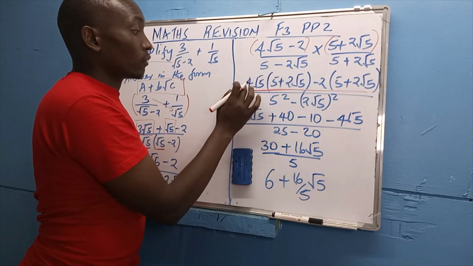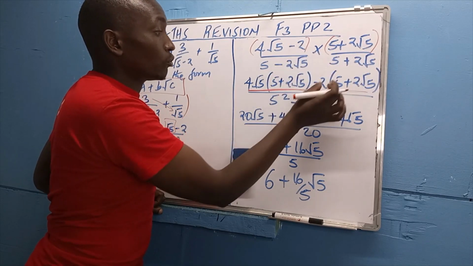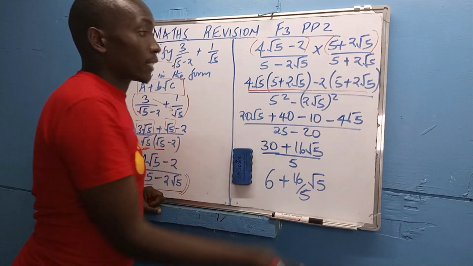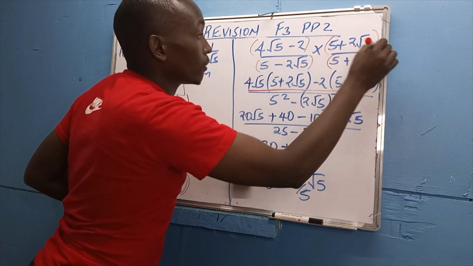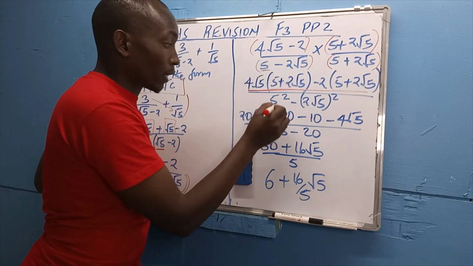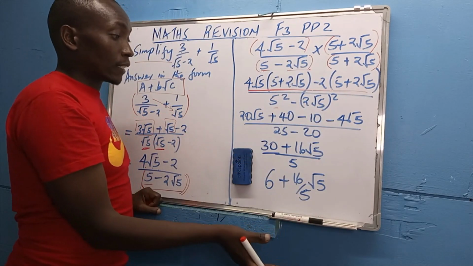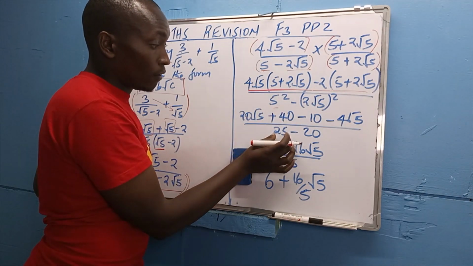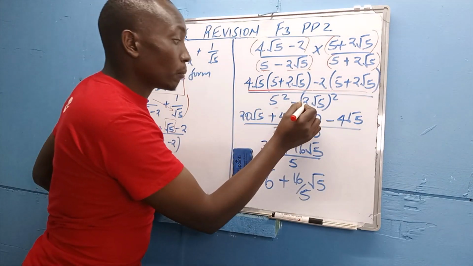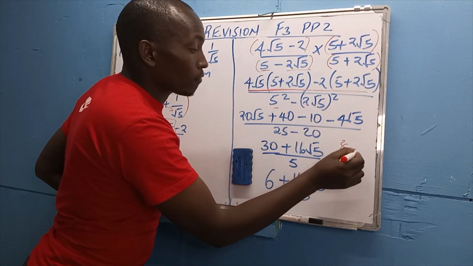So opening the bracket, 4 root 5 multiplied by the whole of this, negative 2 multiplied by the whole of that. The lower one, remember now this will give you a difference of 2 squares. 5 squared subtract 2 root 5 squared. So if I start with the lower one, this will be 25 minus 20. Remember this will be 2 times 2, 4, root 5 times root 5, 5.